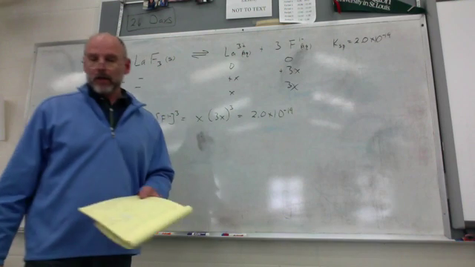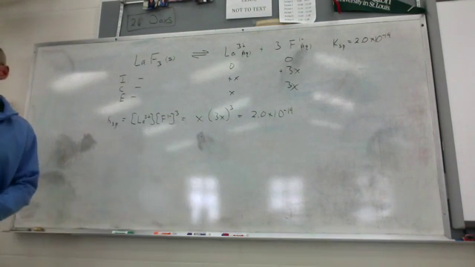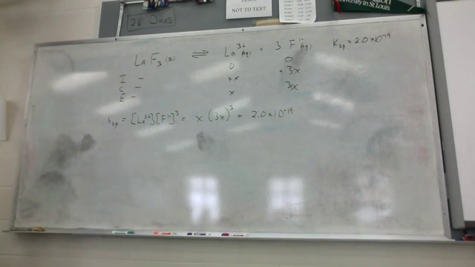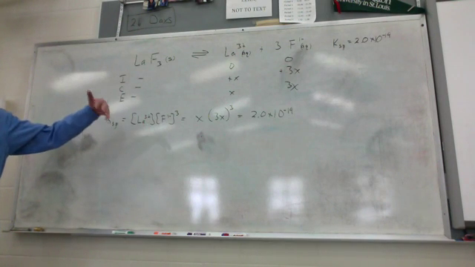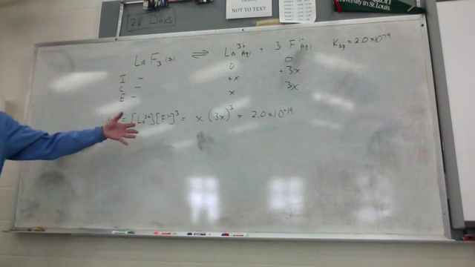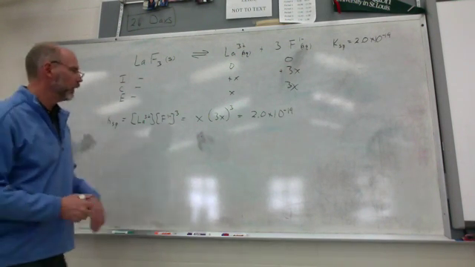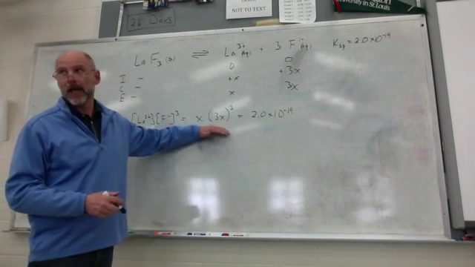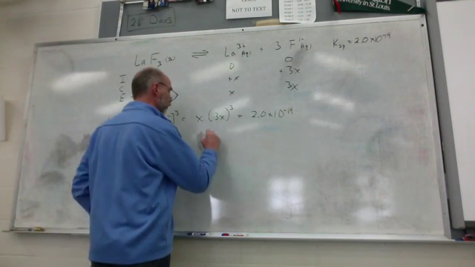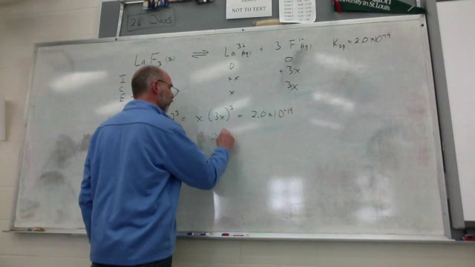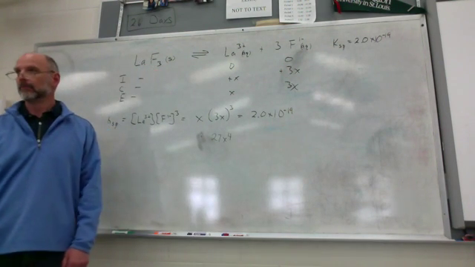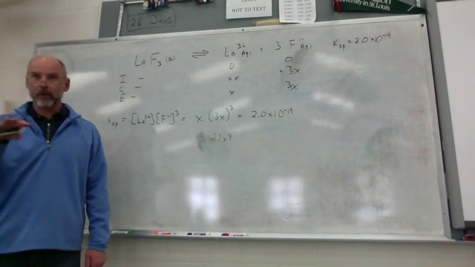All right. As I'm going to summarize here really quickly, this is the third of three very typical types of Ksp problems you're going to solve. This ends up being what many people refer to as a 27x to the fourth problem. You guys can see where that comes about.